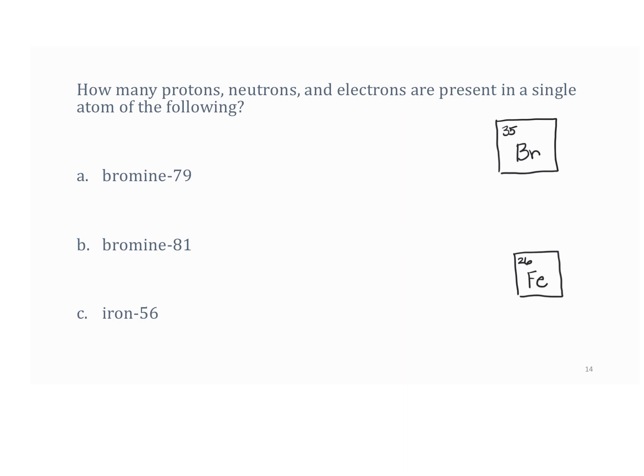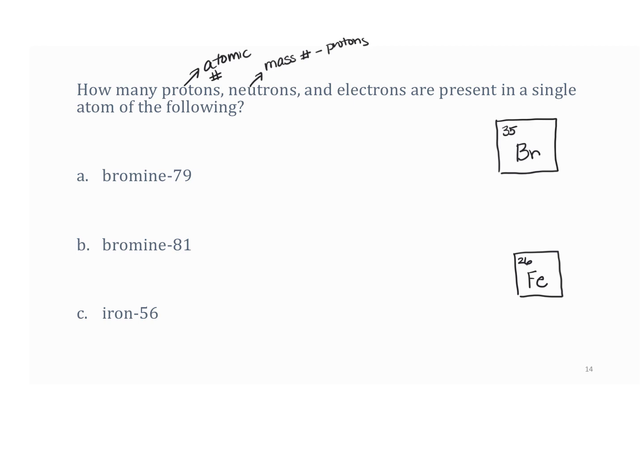Okay. Now, protons are positive. And we can get this from the atomic number on the periodic table. Neutrons are neutral. We are going to figure out our neutrons, we are going to have to take the mass number and subtract the protons.